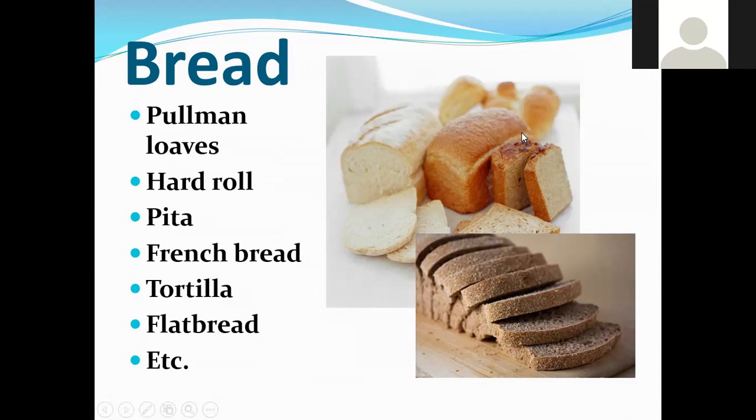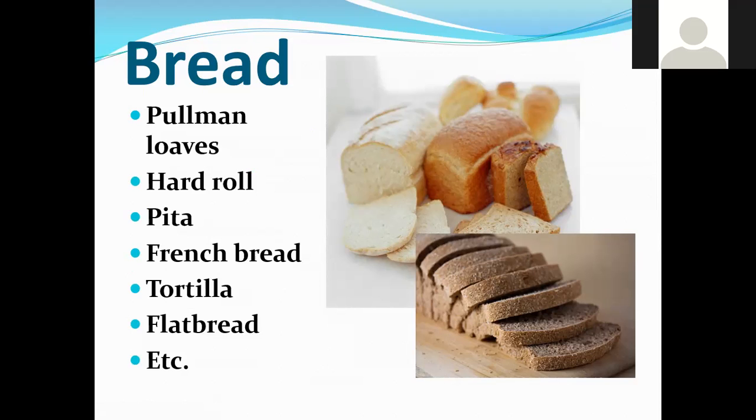That was the name of the type of car. It was called a Pullman car. And this loaf of bread kind of resembles that shape of a Pullman railroad car. And so they call it a Pullman loaf. And that's why it's long and narrow and tall. And that is described as a Pullman loaf.